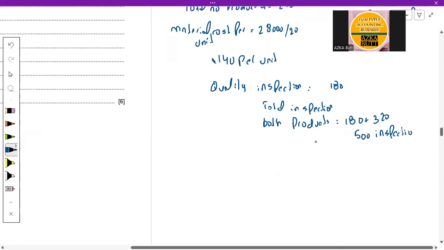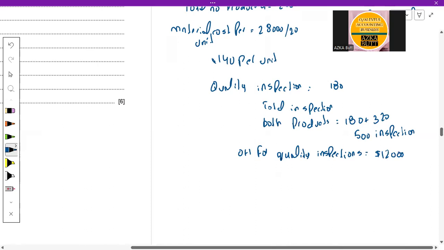And the overhead for quality inspection cost was $12,000.